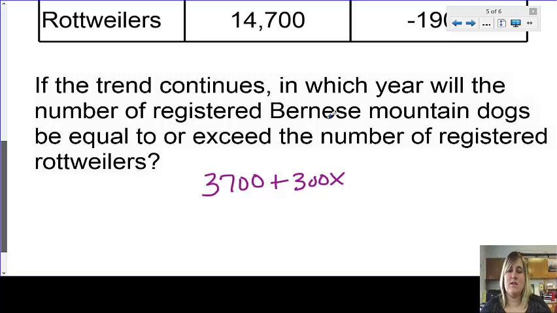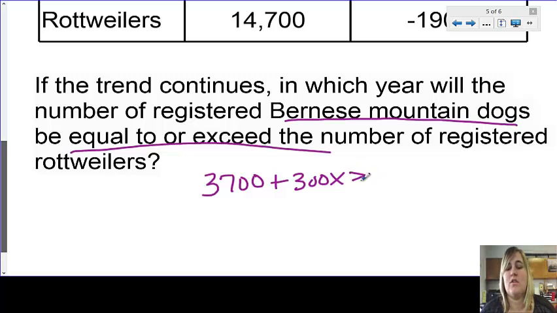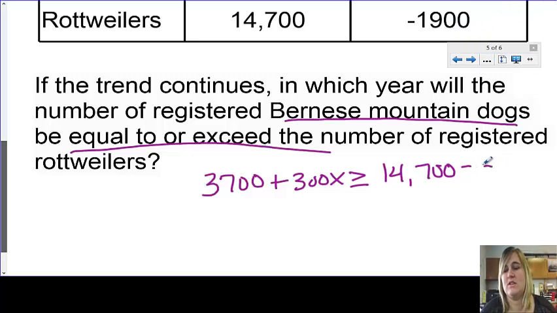And it says we want to know in which year will the number of Bernese Mountain Dogs be equal to or exceed. So greater than or equal to the 14,700 minus the change, which is negative 1,900x.